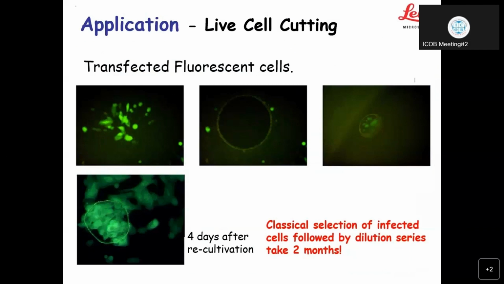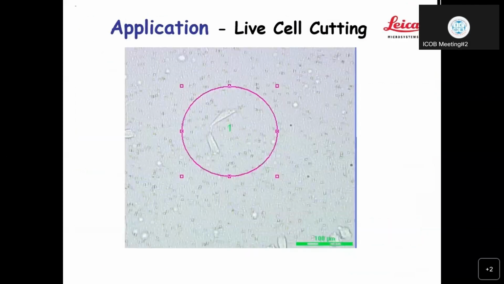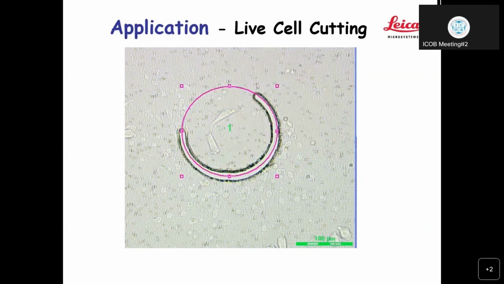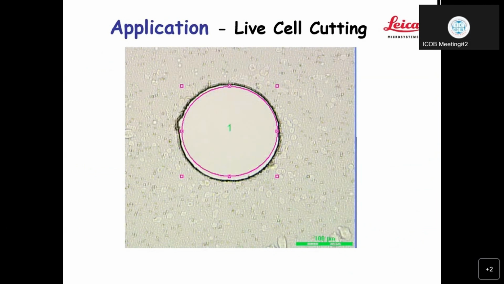In general, classical selection of transfected cells followed by dilution series takes 2 months, but they just took 4 days. This video shows the live cell cutting. Remember to remove the medium till the cells are just covered before cutting. Otherwise, cells are hard to fall into the collector.